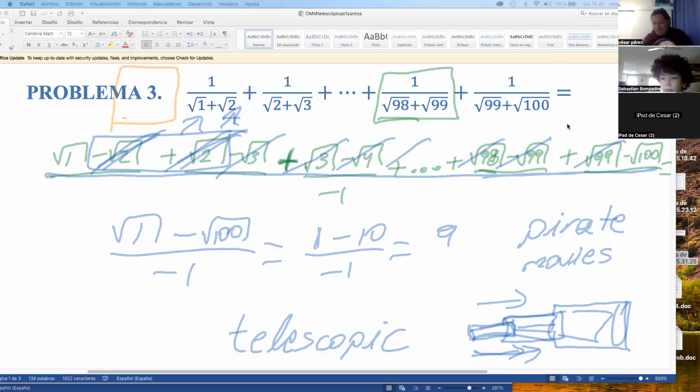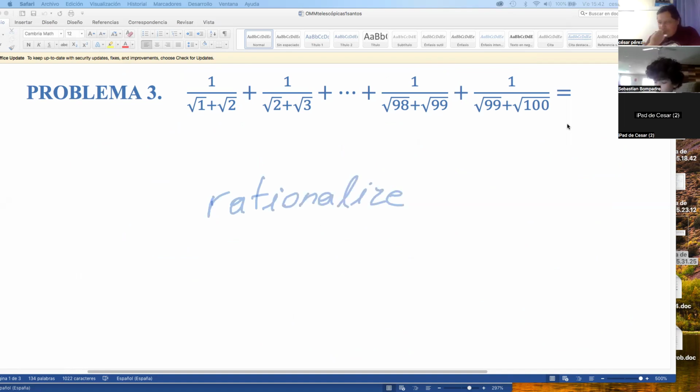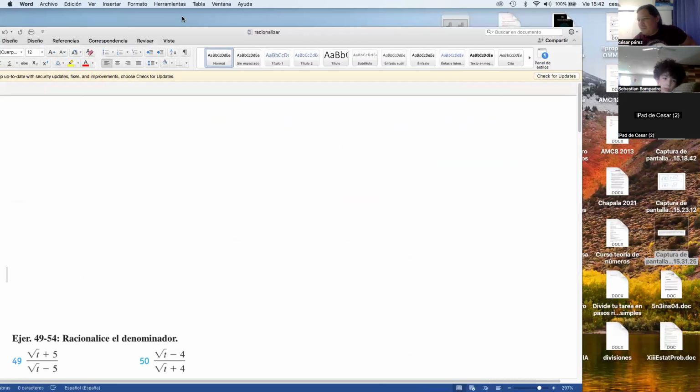Okay. Well, let's see. We already saw how to rationalize the denominator. Now we will work with some problems here.